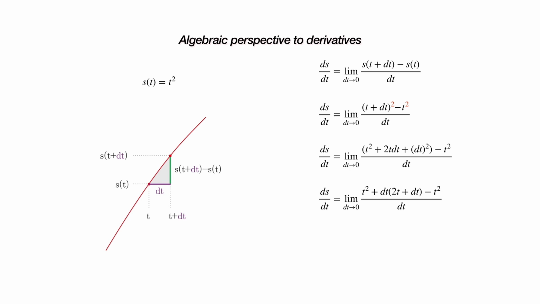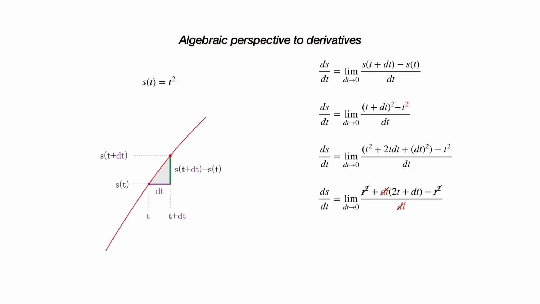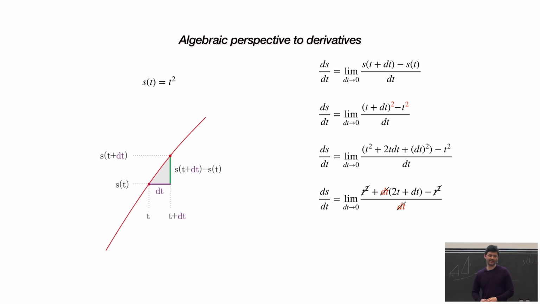Another very simple algebraic operation. Because t squared and t squared, these are some numbers. Yeah, we can just cancel them. And now the interesting thing is, can we do this? Can we cancel dt, which shows up in the denominator, with the dt that shows in the numerator? Can we cancel them? Can we do this operation?